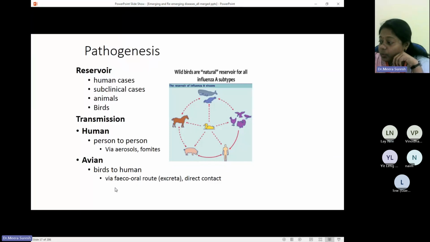When the bird excreta gets dried, there may be some aerosols that form around that dried excreta. So when people go to clean that area, like an area where so many birds are living and it is not kept clean, and they have that dried excreta. If any of the birds are infected, this virus will be excreted via their stool or droppings.